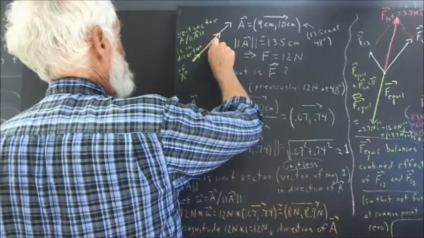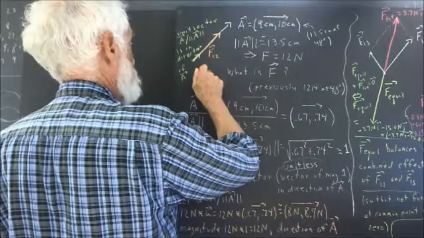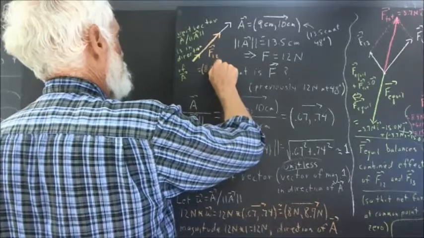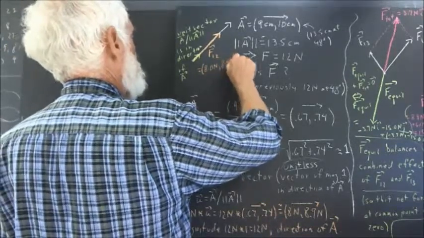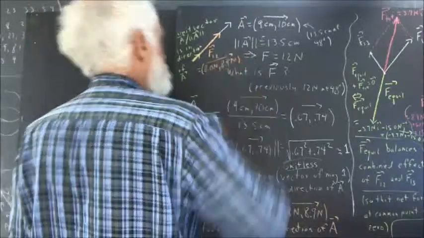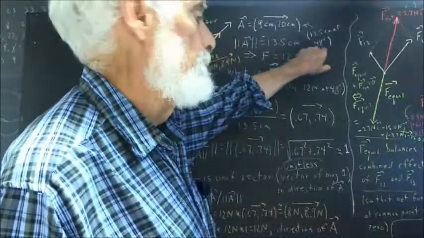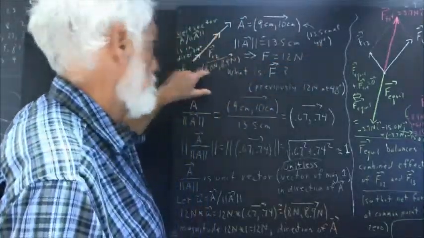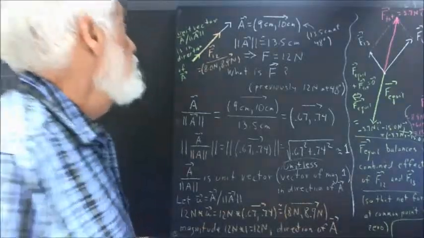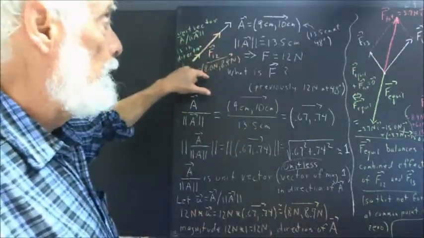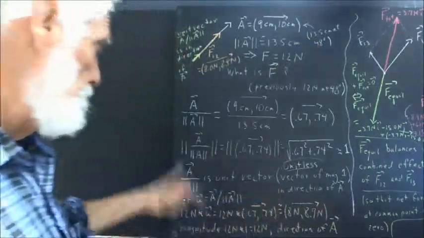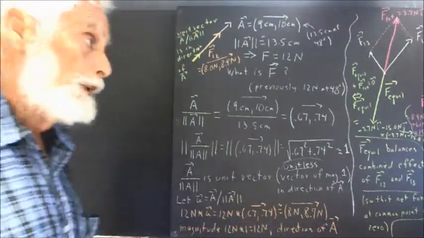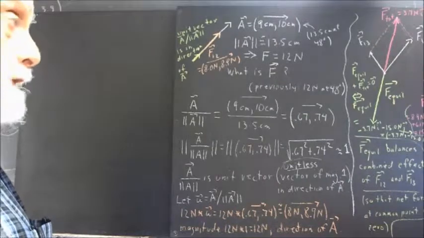Now this was our F12 vector, and that's equal to 8.0 newtons, 8.9 newtons, the same thing we calculated previously by multiplying 12 newtons times the sine of 48 degrees to get the 8.9 newtons, and by the cosine of 48 degrees to get the 8.0 newtons. But now we didn't calculate it that way. We calculated it instead by calculating this unit vector and multiplying this unit vector by 12 newtons. And that's a very important and very powerful technique.